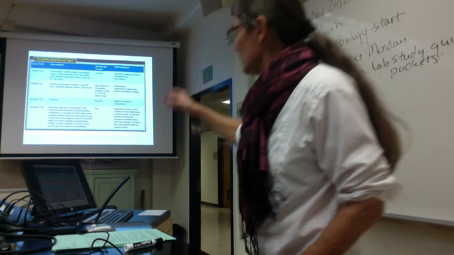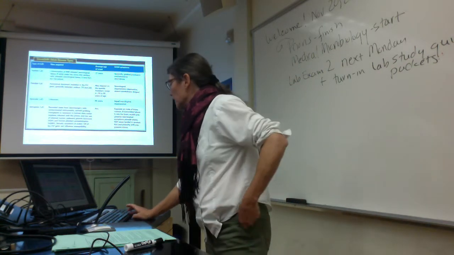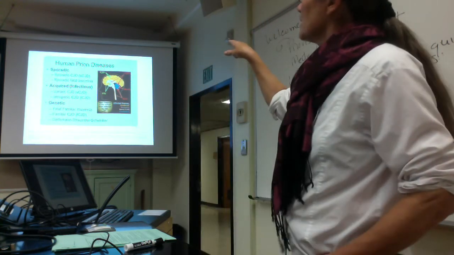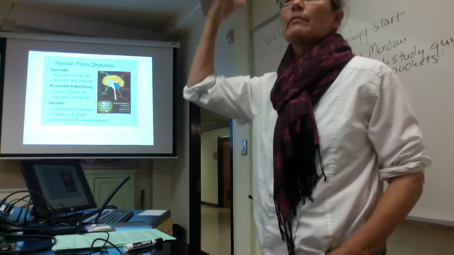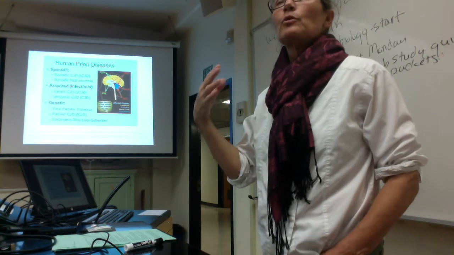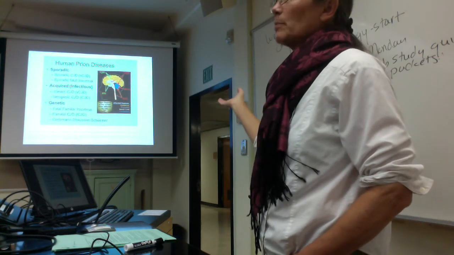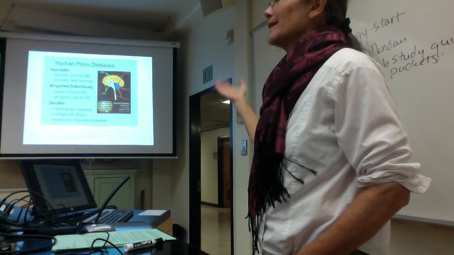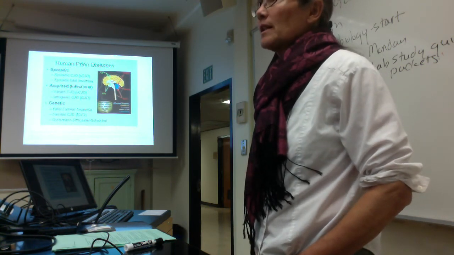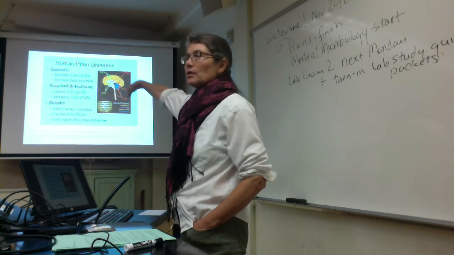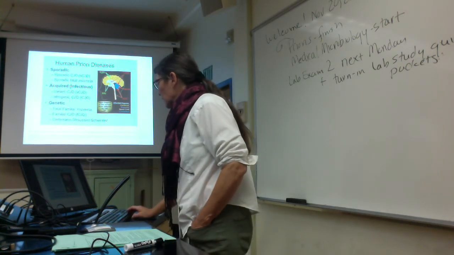And it is fascinating to me, but again, I wouldn't ask this on the exam, it appears that the different human prion diseases, the prions hit different parts of the brain, and therefore you might have different clinical signs and symptoms depending on which parts of the brain are being affected. I don't know why this is fascinating to me, but it is. It's really fascinating. But again, folks, you don't have to worry about which parts of the brain are getting impacted.